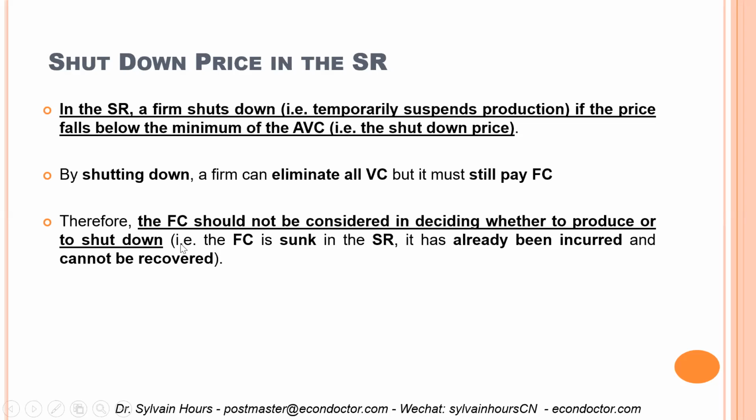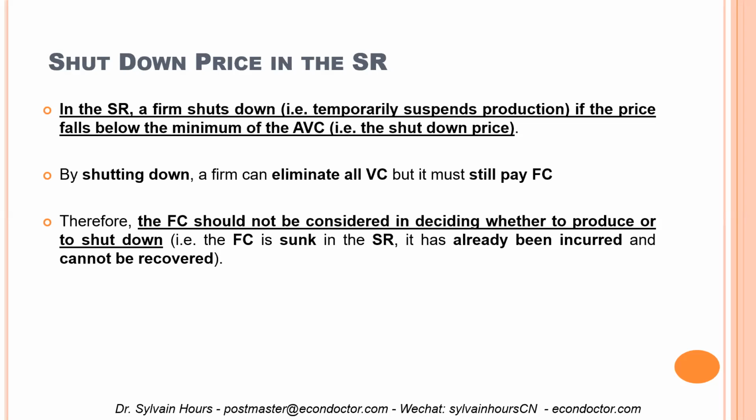Okay, the fixed cost is sunk. It has already been paid in the short run. And whatever we do now, there is no way we can recover this cost. So we ignore it. And that's why the shutdown price is the minimum of the average variable cost.